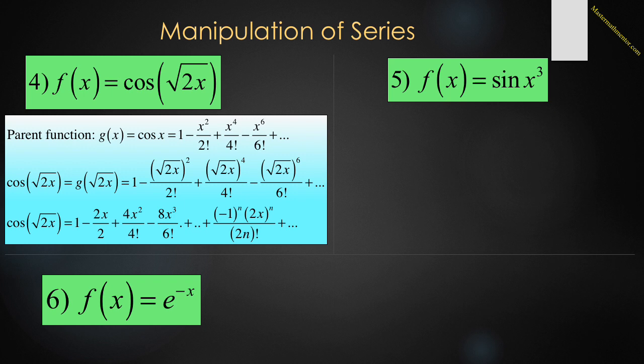So we can say that cosine of the square root of 2x is 1 minus 2x over 2 plus 4x squared over 4 factorial minus 8x to the third over 6 factorial, and therefore our general term is negative 1 to the n times 2x quantity to the n over 2n factorial.